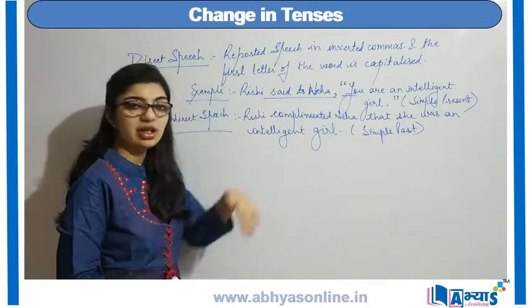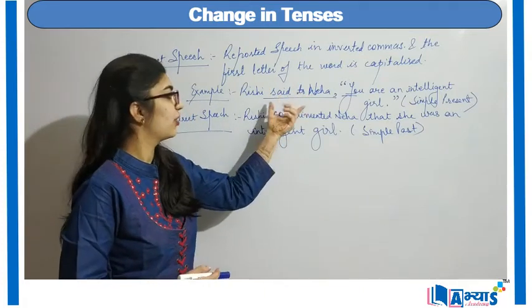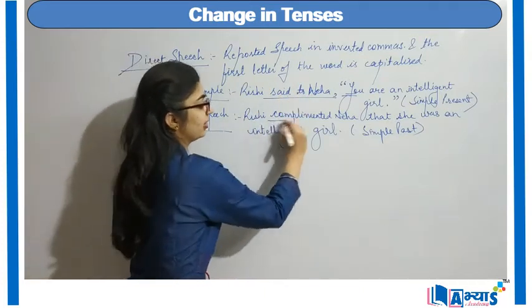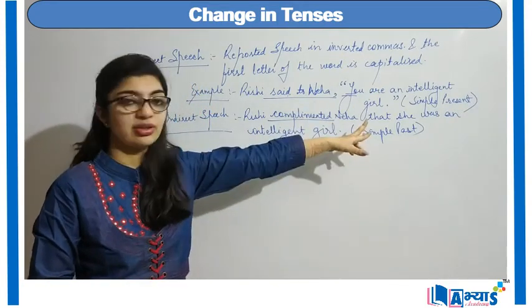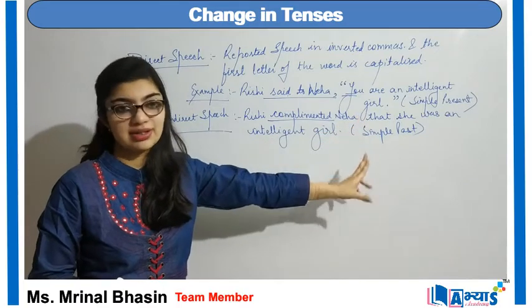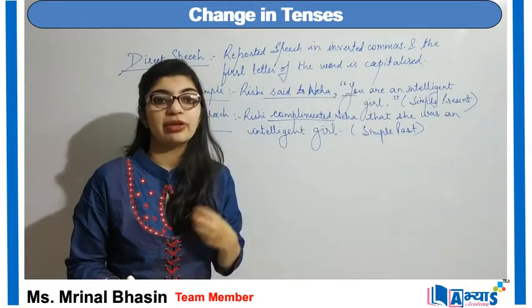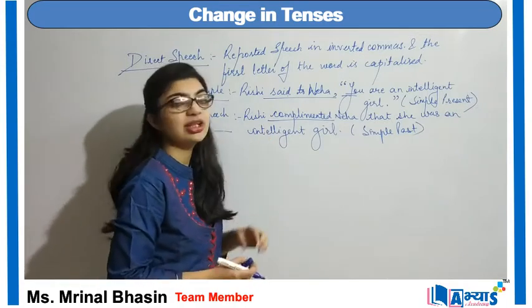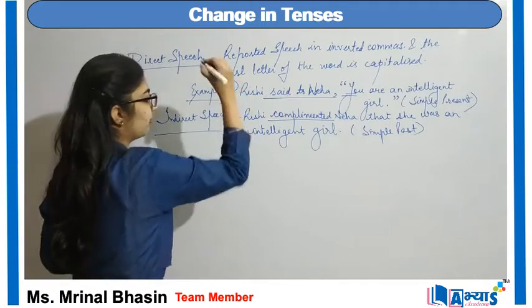So further we will discuss later. There are certain words, like complimented, which we are going to use according to the statement that some person makes, right? Here, because it was some kind of praise, some kind of compliment, therefore we are making use of the word compliment. This was the first example.